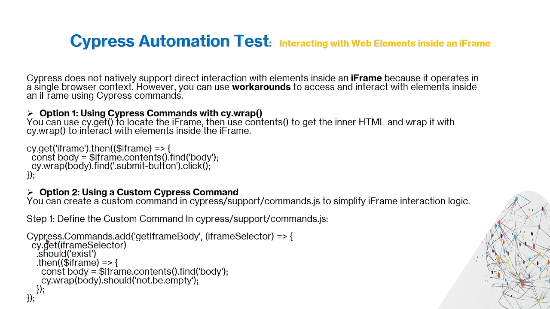Here is the code. You put the Cypress command and add the code. This is the function getIframeBody, which checks the iframe, finds the body, and makes sure the body is not empty.